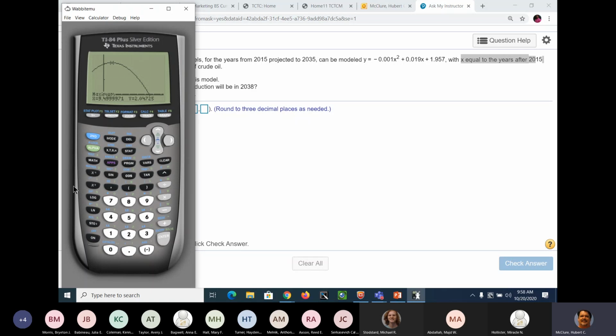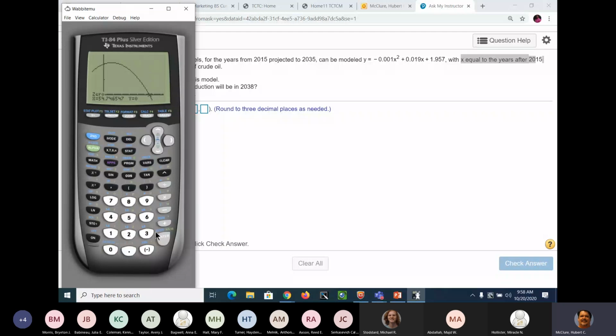And my X-intercept. So I hit second, trace, 0. And I'm going to put 1 above it, and then 1 below it, and 1 near it.